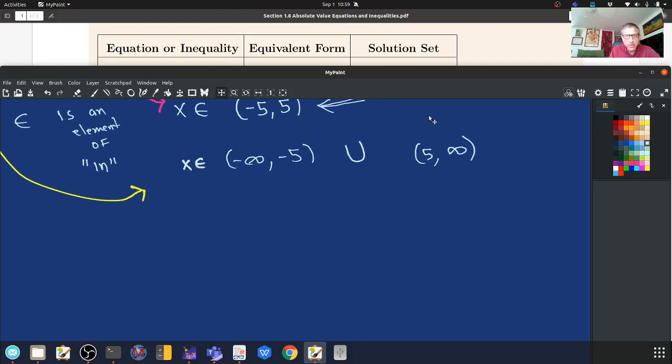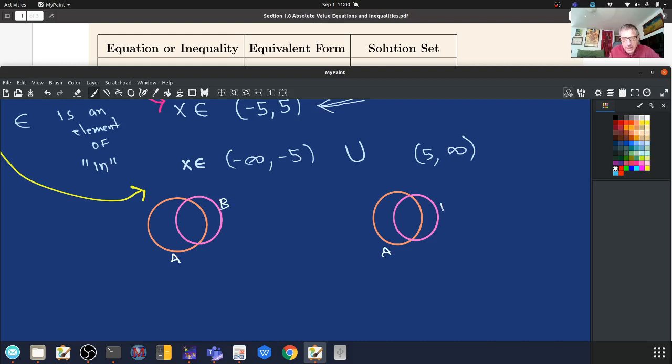And just a little review about the union of two sets. So let's make union and intersection. Let's draw a set A and a set B. This is just a visual representation, because I know some of you are visual learners and it helps conceptually.